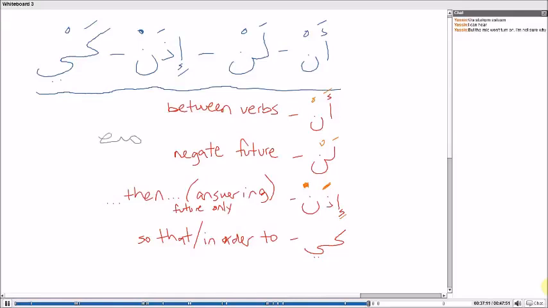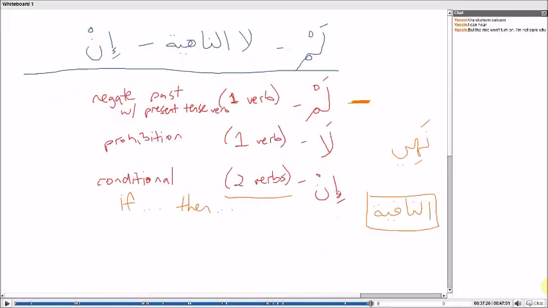These are called mansoobat, and these are called majzumat. فاتبعوني يغفر لكم ذنوبكم. إن كنتم تحبون الله فاتبعوني يحببكم الله ويغفر لكم.